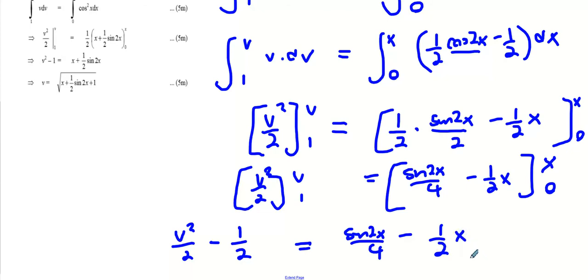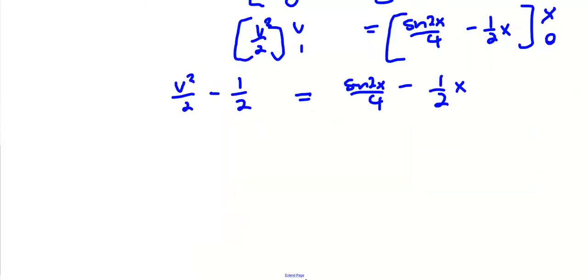Now what I'm going to do to both sides is get a common denominator of 4. So that's going to be 2 phi squared minus 2 equals sin 2x and then plus 2x.